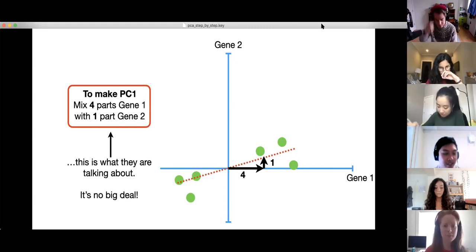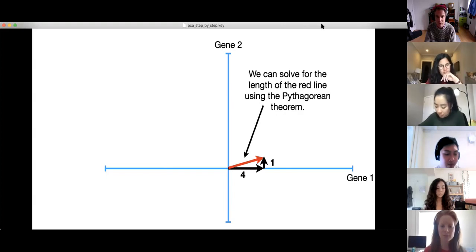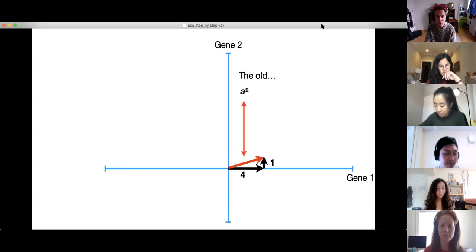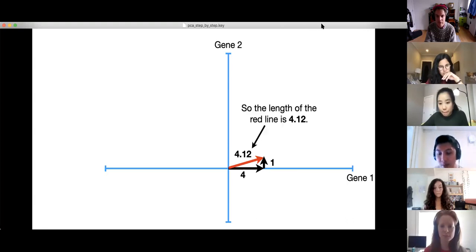It's no big deal. The recipe for PC1, going over 4 and up 1, gets us to this point. We can solve for the length of the red line using the Pythagorean theorem, the old a squared equals b squared plus c squared. We just plug in the numbers, bam, do the math, and we get 4.12. So the length of the red line is 4.12.